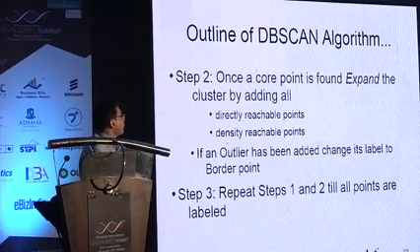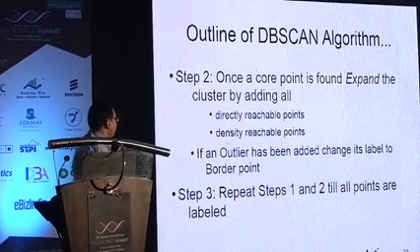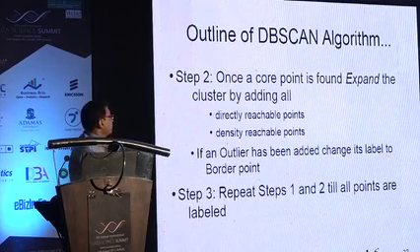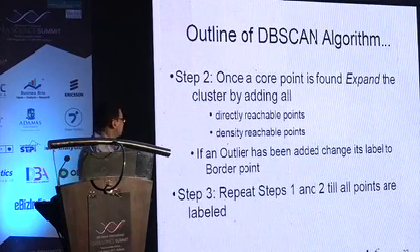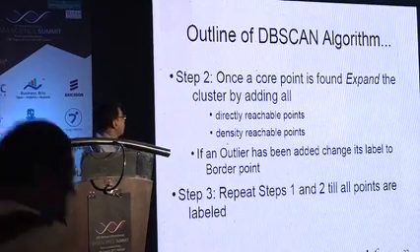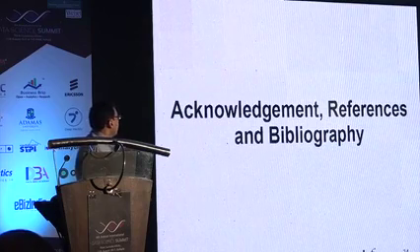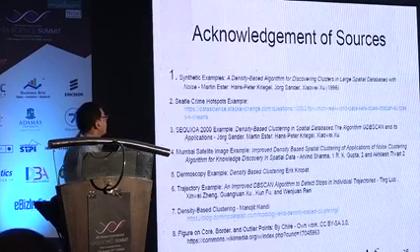So if an outlier has been added, change its label to a border point and repeat steps 1 and 2 till all the points are labeled. So it's just a simple iterative step, and you go through this loop. That is pretty much it.